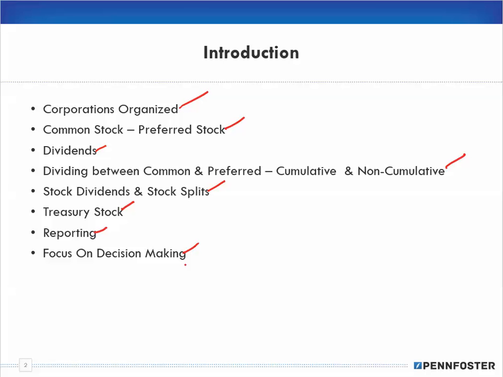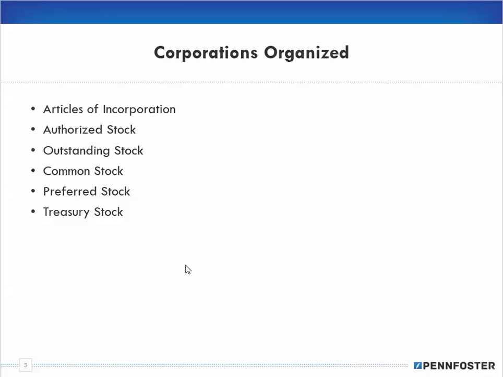This particular chapter basically only has one formula that you have to take a look at. So we'll cover all of that in the future videos in this series on the theory. So let's go down here to how corporations are organized.